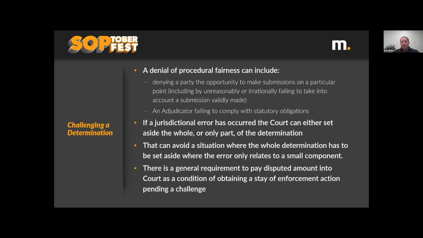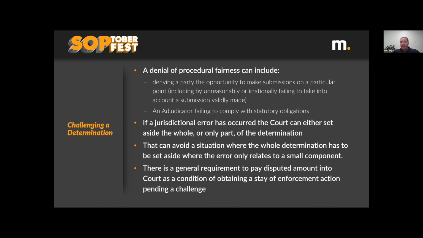So, for example, there was a case a year or so ago in the Supreme Court where there was a sizable amount being claimed. It was at least a six-figure amount, and the adjudicator was held to have made a mistake over a small portion, a $5,000 or $10,000 item that was being disputed.